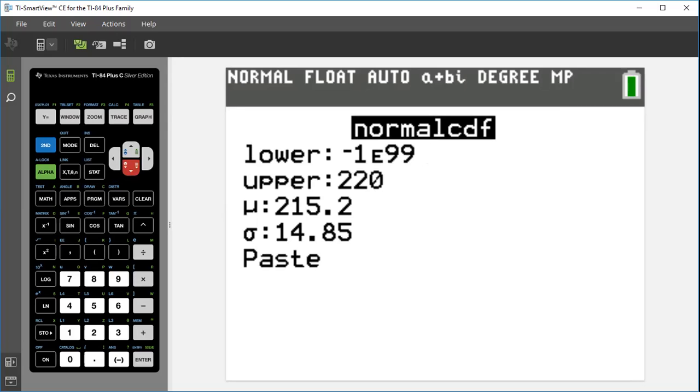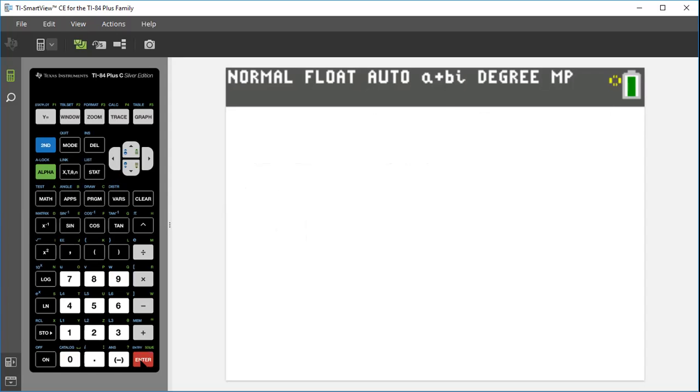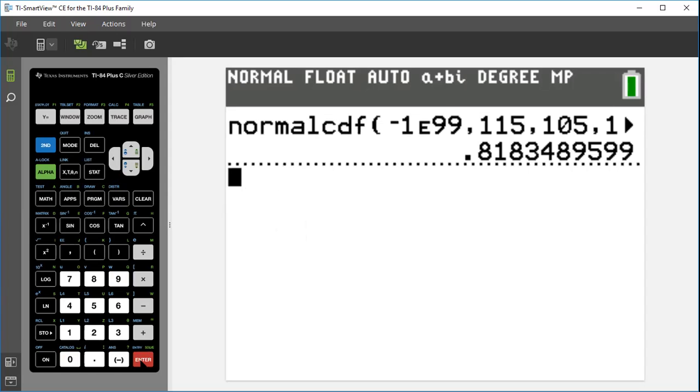Upper bound value was 115, where my mu was equal to 105 and sigma was equal to 11. Down and then enter, and then enter. Everyone get approximately 82%?